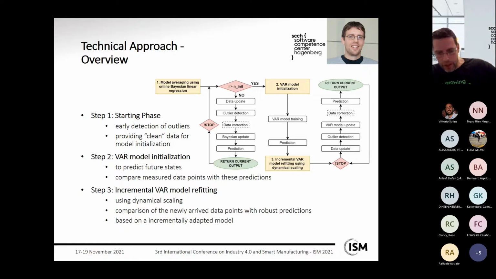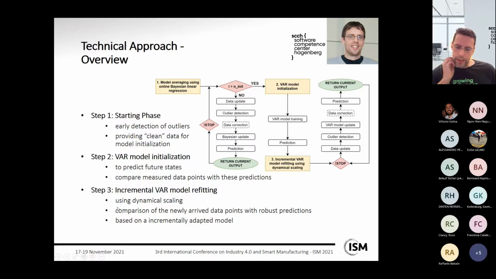Yeah. I want to present now our sketch of our approach with which we came up and tried to manage to tackle all these challenges at once.